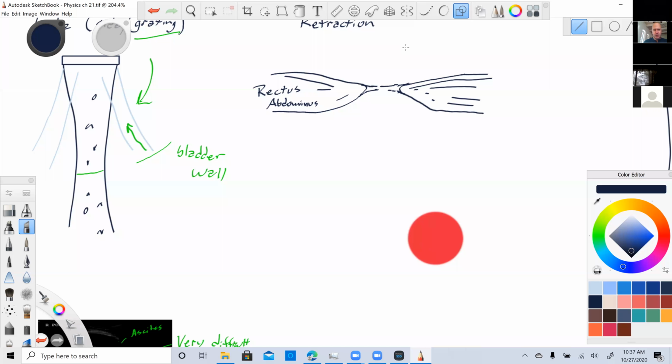Let's see, so sound beam comes down, hits this curved surface and makes a bit of a turn.